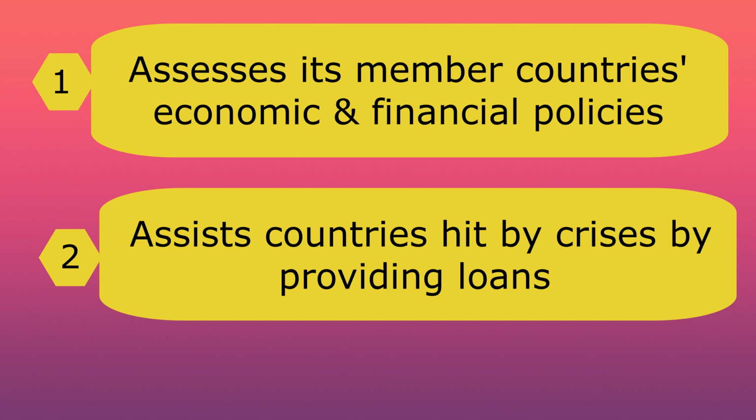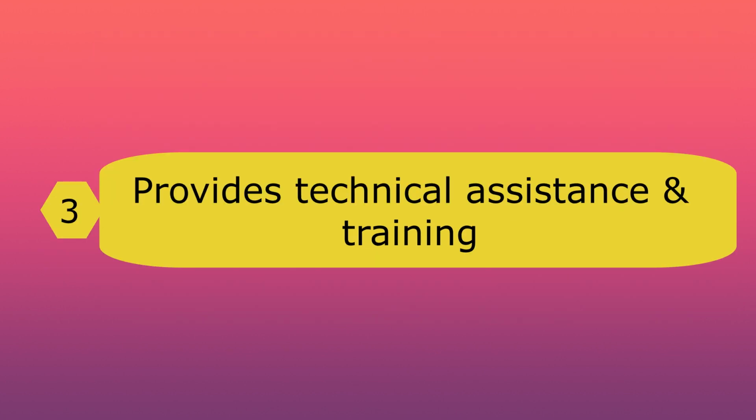growth. However, a country's government and the IMF must agree on a program of economic policies before the IMF provides lending to the country. So before they give a country their money, they want to make sure that the country is going to put it to good use. 3.